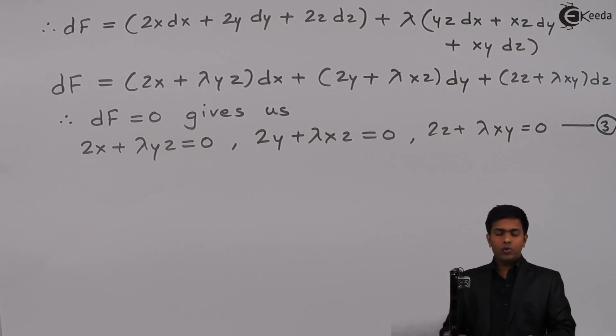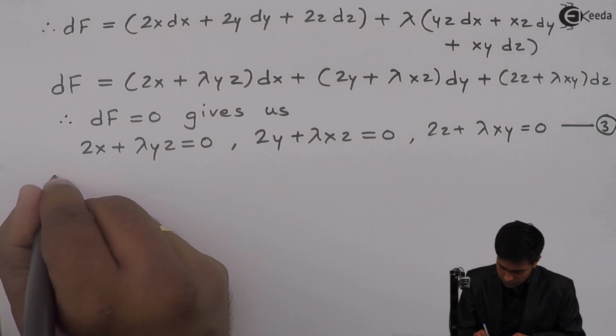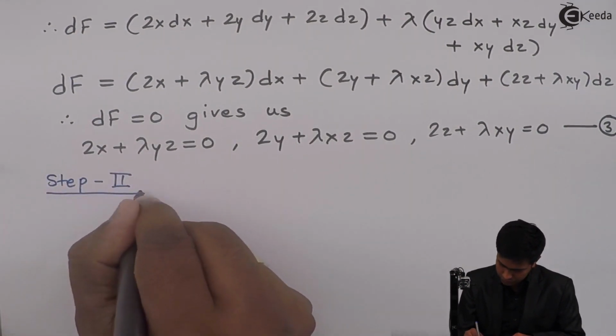And now we'll move to step number 2, where we'll solve equations number 1, 2, 3 to eliminate x, y, z and lambda, and then we'll find the stationary value. So here I'll say step 2.